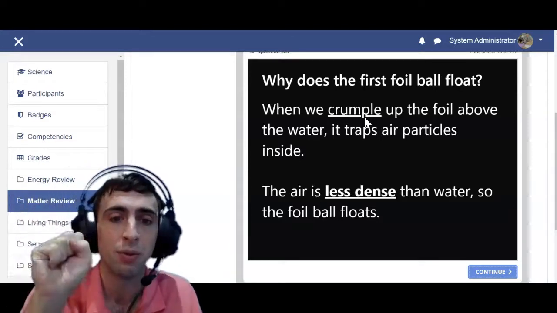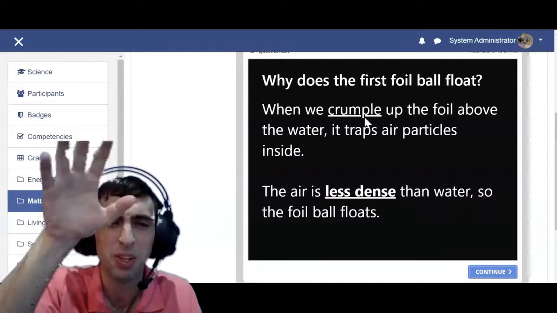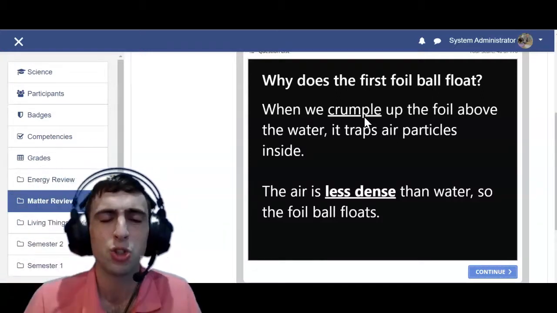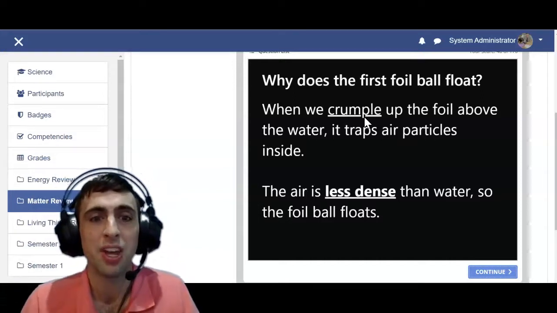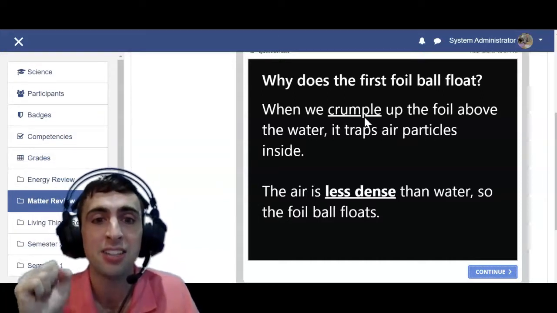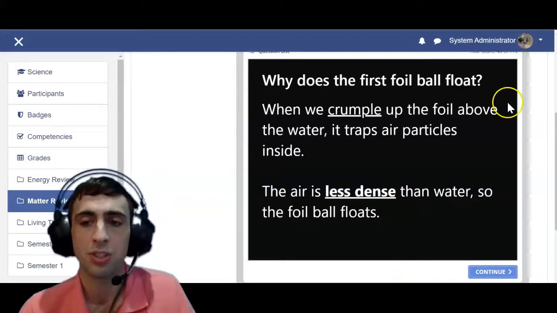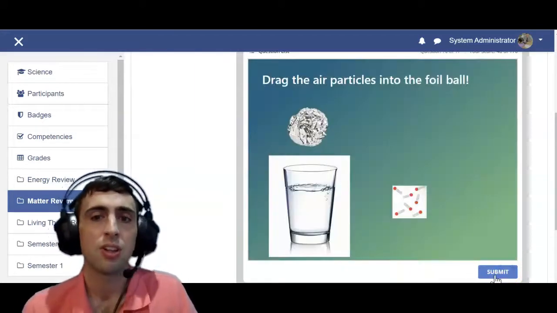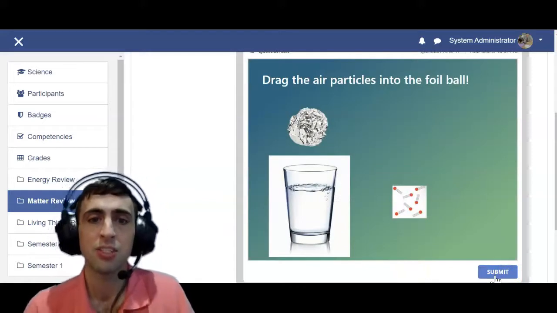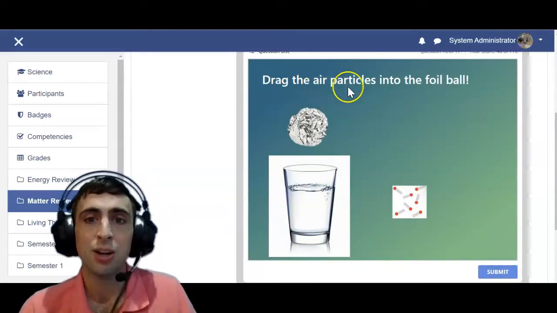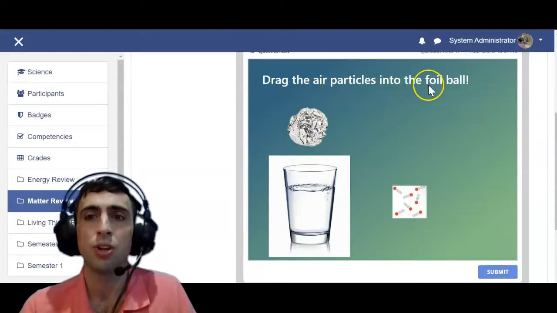Inside of the foil ball, since we crumpled it up in the air, it traps those air particles, and now it is less dense than the water. It will float. Let's look here. This says, drag the air particles into the foil ball.